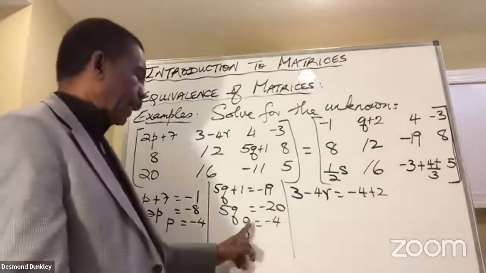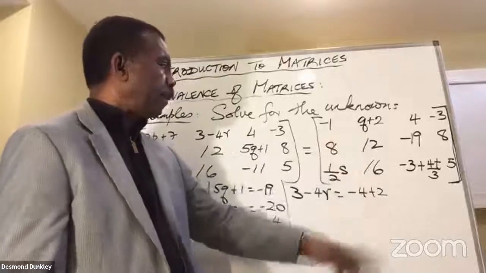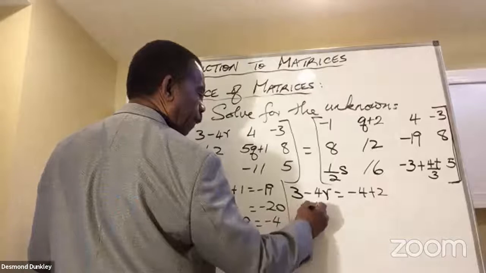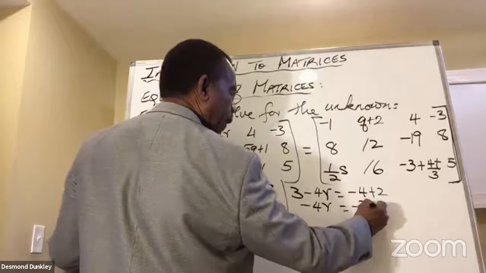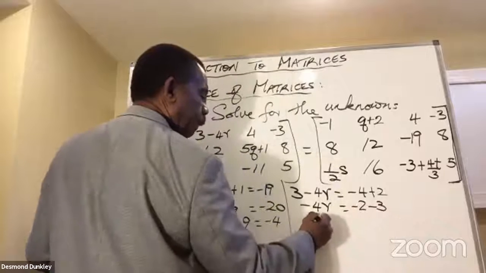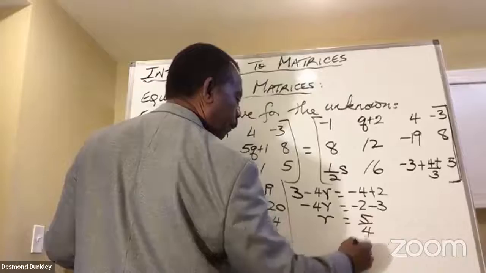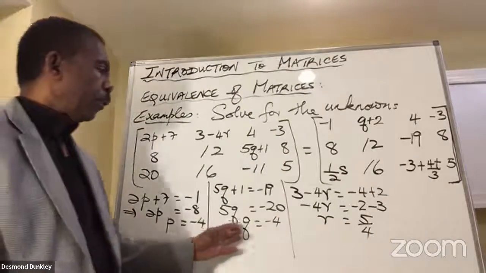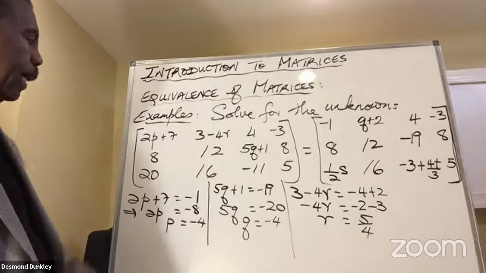All I did was, where I see Q, I put -4 plus 2. So now I have -4R equals to -2 minus 3. So therefore, R is equal to 5/4. So we have P, we have Q, we have R. So where is S?